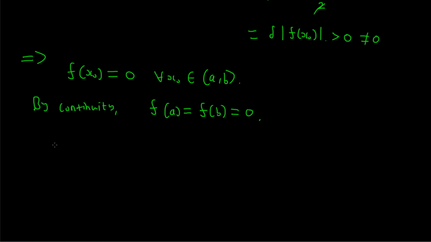And then what do we have? Well, on closed [a, b], f is identically 0. So f is the zero function, and we're done.